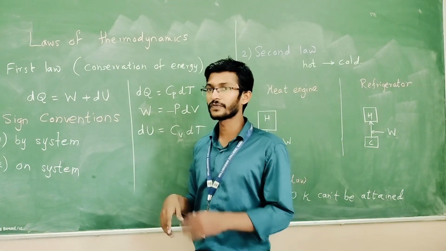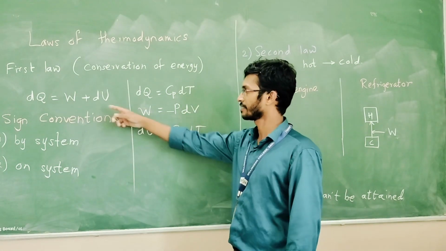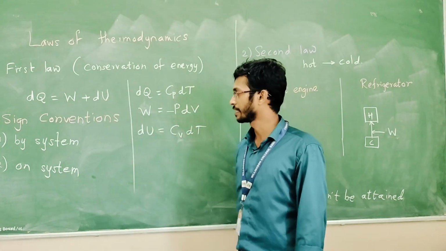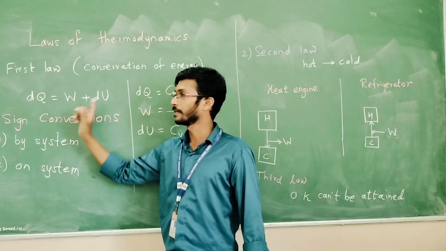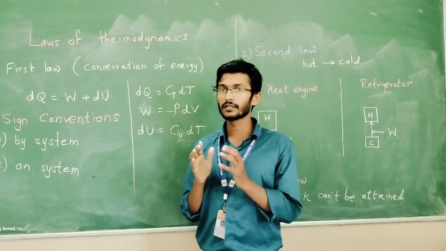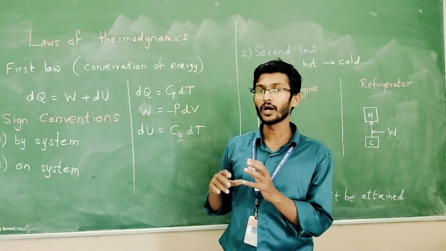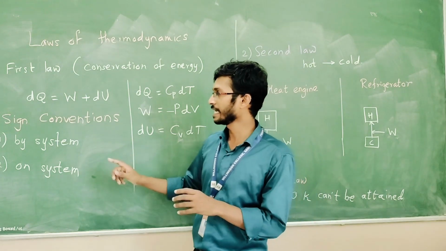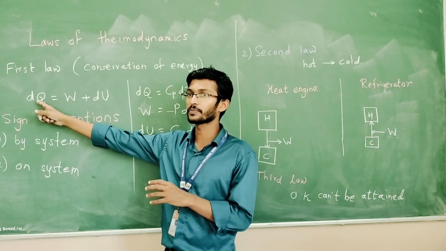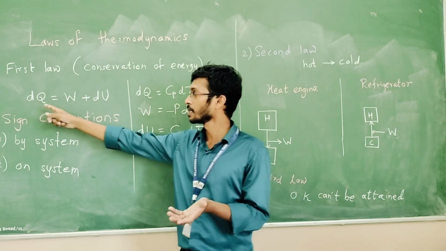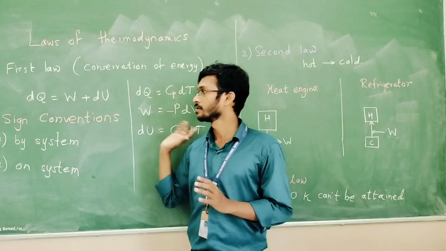There is no confusion with dU, only between dQ and W. So if we are looking at absorption of heat or release of heat by the system, then for absorption dQ is positive, for release dQ is negative, and we should use this minus PdV.